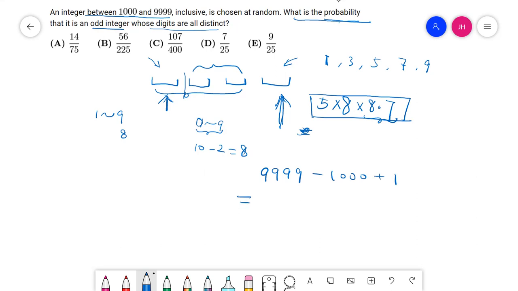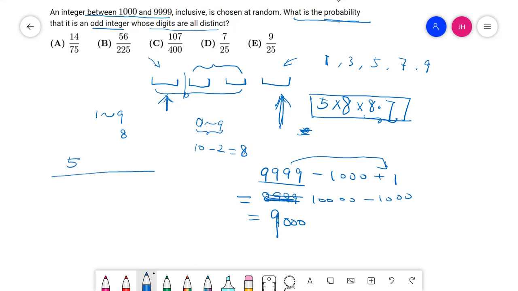And that'll be 8999. Actually, let's not do that. So this plus this gives actually 10,000, right? Minus 1,000. So this is a lot easier. So that's 9,000. All right. Then the probability will be 5 times 8 times 8 times 7 divided by 9,000.